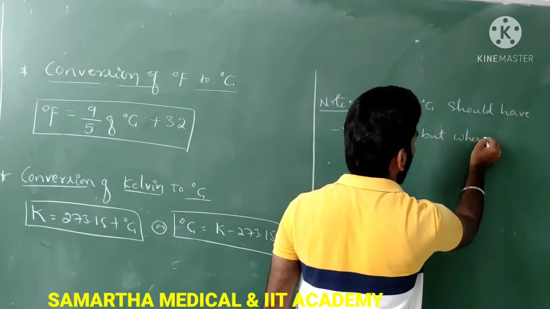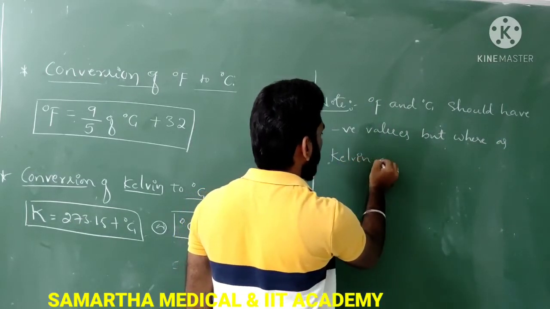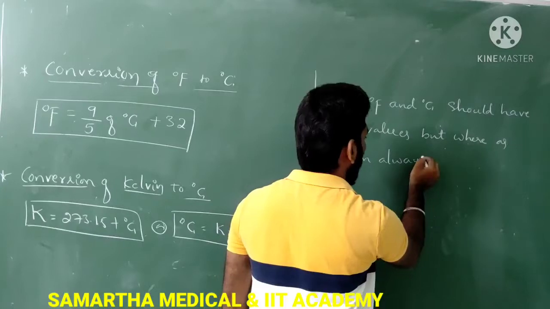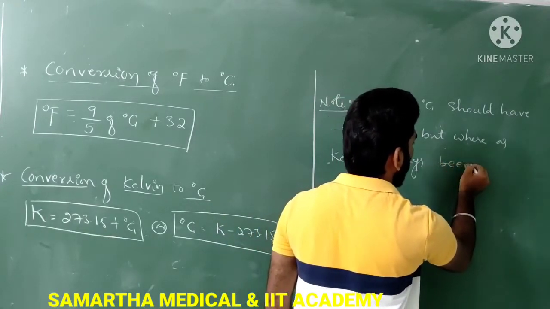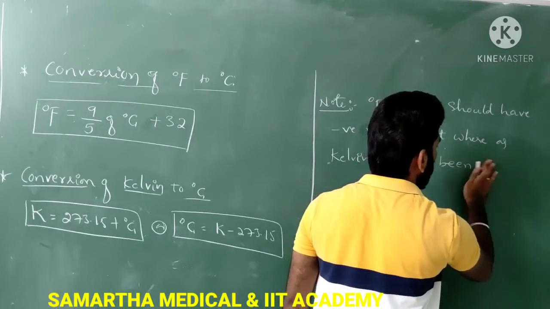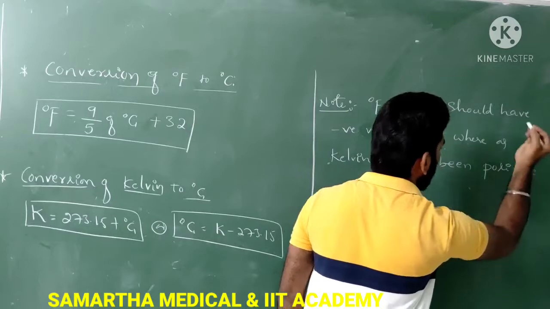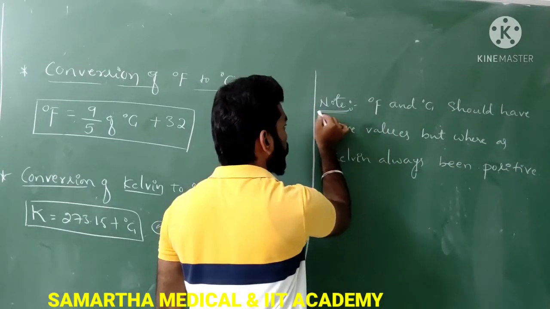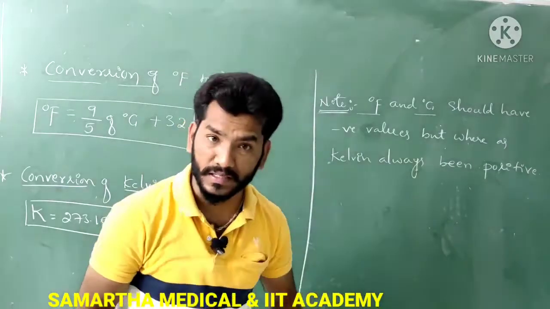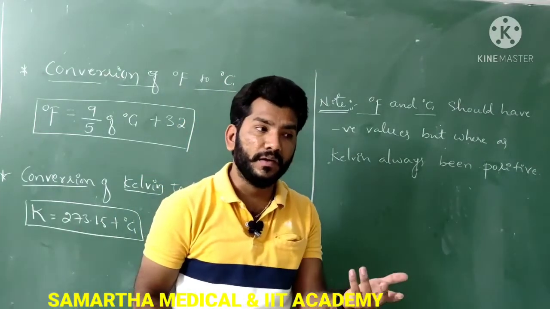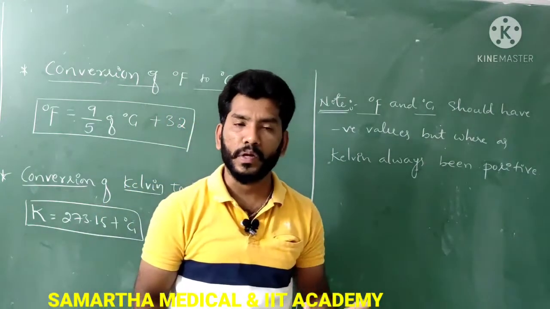Whereas Kelvin is always positive. So we have to know that. For degree Fahrenheit or degree Celsius, we can have, for example, minus 25 degrees Celsius. But we cannot pronounce minus 25 Kelvin like that.